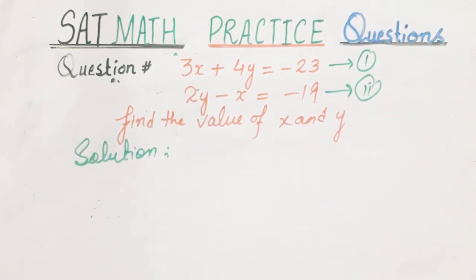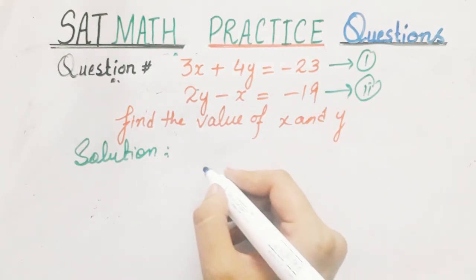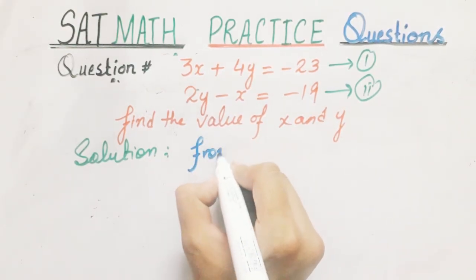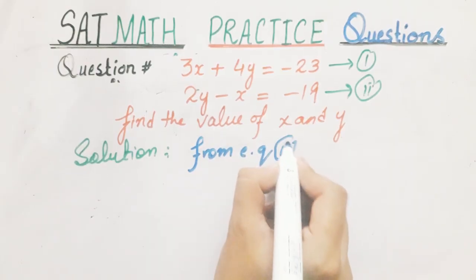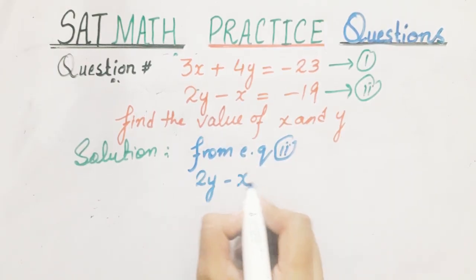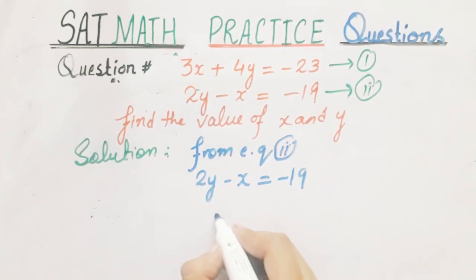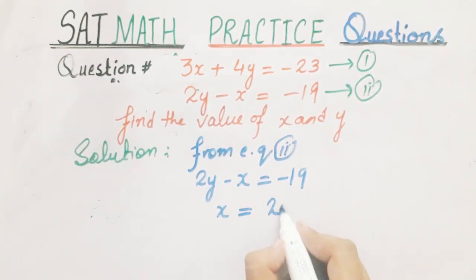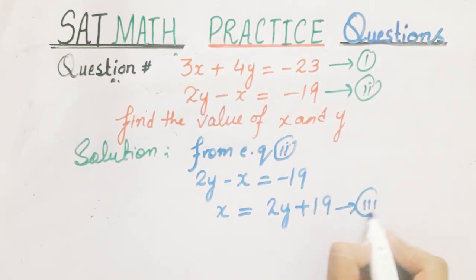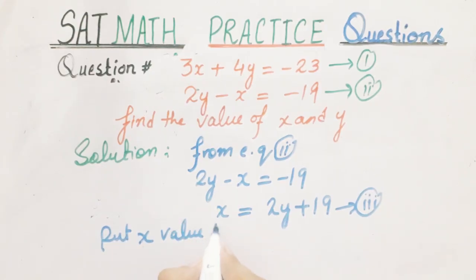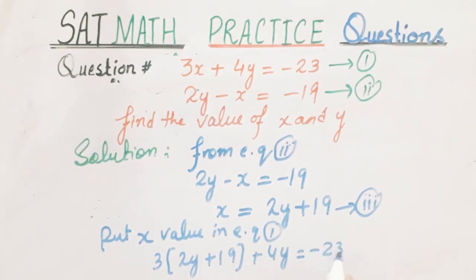Now first we will consider equation 2. From equation 2, we get 2y minus x equals minus 19. If we want to get the value of x, then x will equal 2y plus 19. So substitute this value in equation 1. Put the x value in equation 1. So 3 into (2y plus 19) plus 4y equals minus 23.